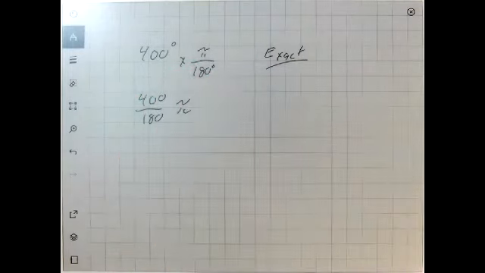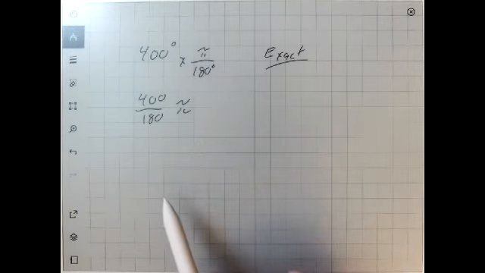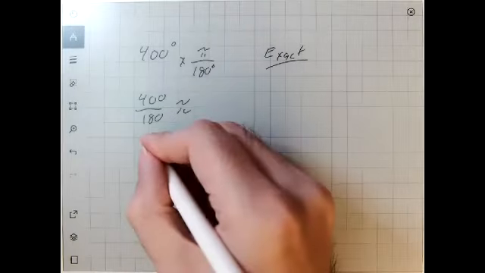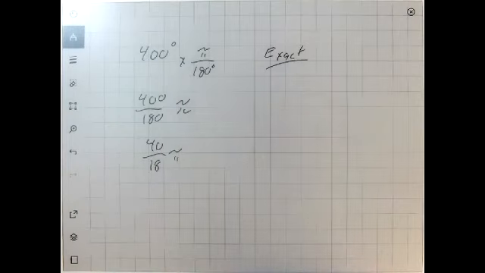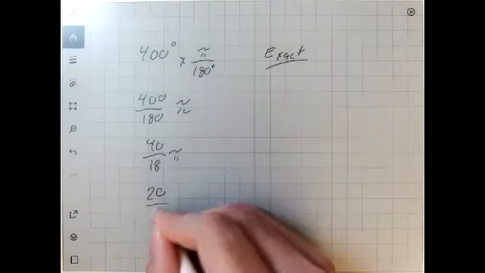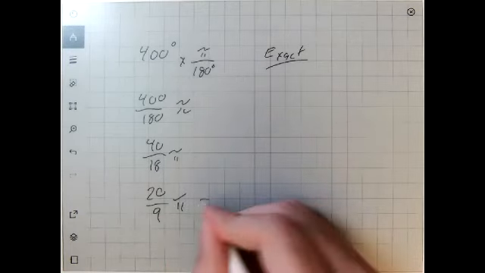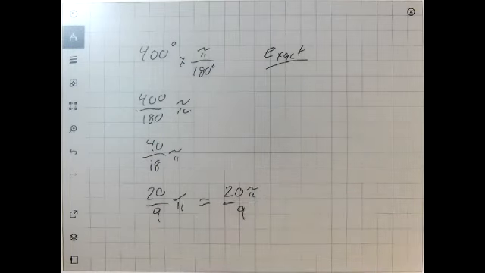I'm going to use the same trick of playing around with my fractional multiplication. 400 times pi over 180 is the same thing as 400 over 180 times pi, right? Commutative property of multiplication. These numbers are, again, both divisible by 10. And here they're both even. So I get 20 over 9 pi, or 20 pi over 9.